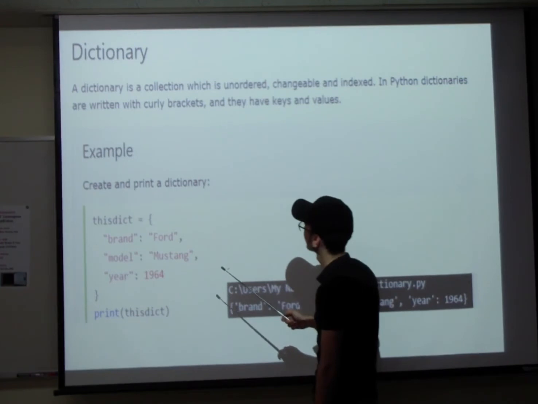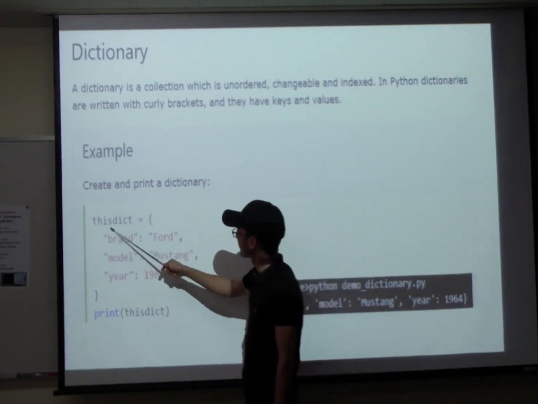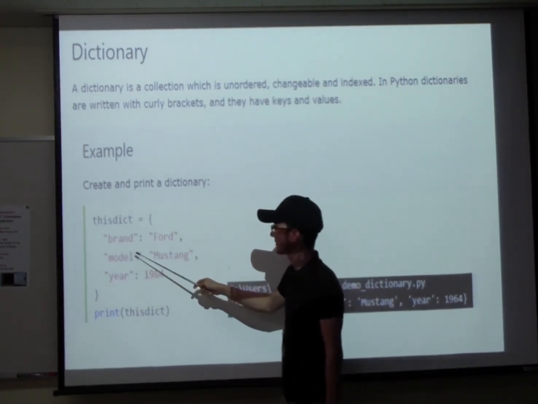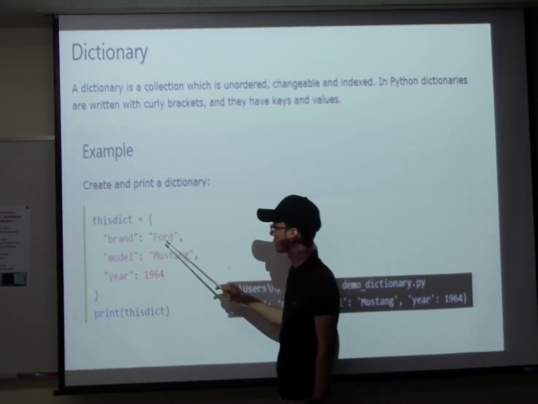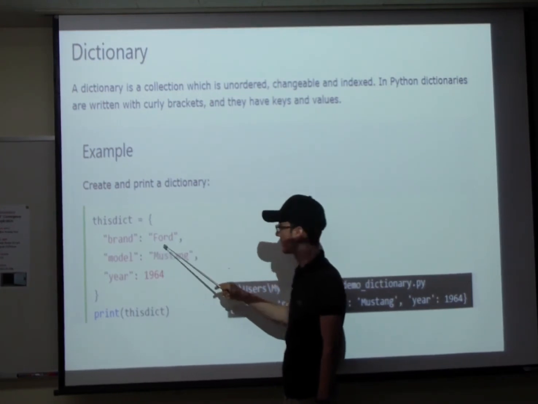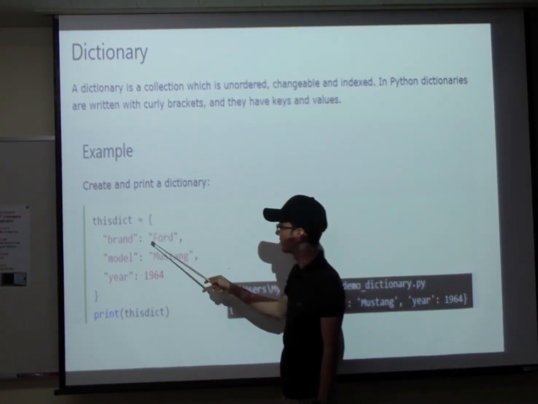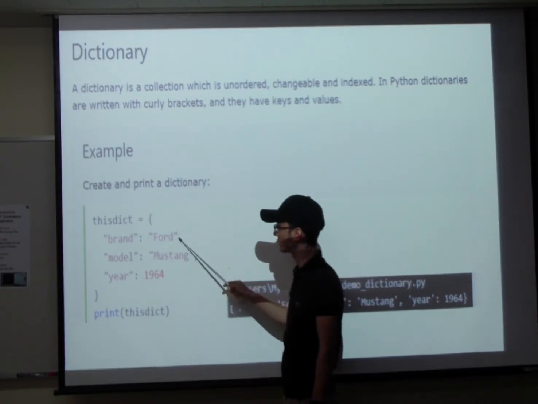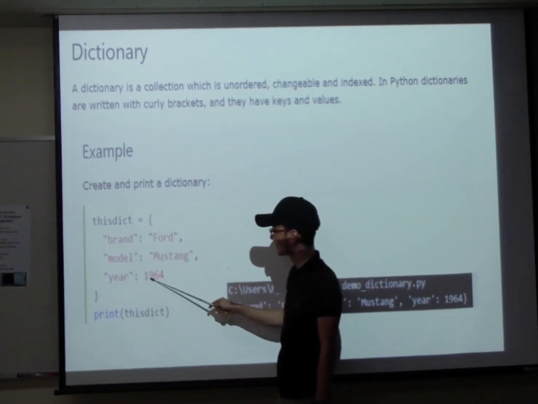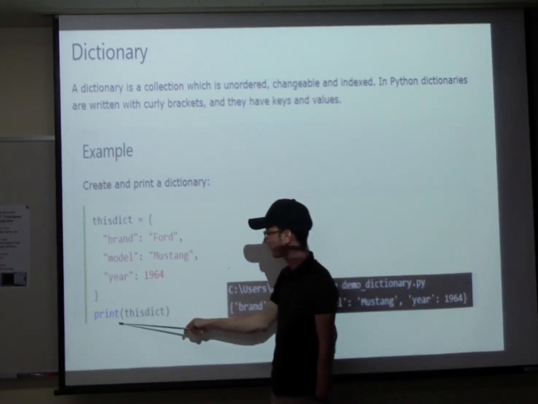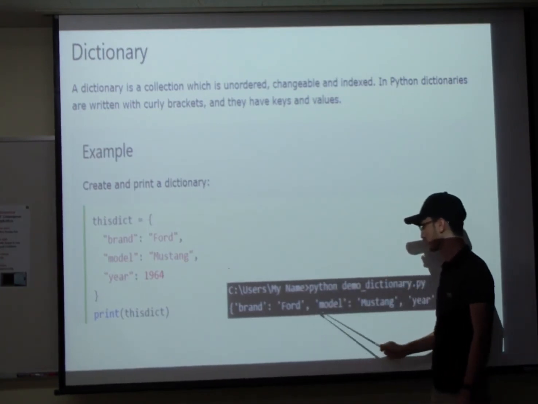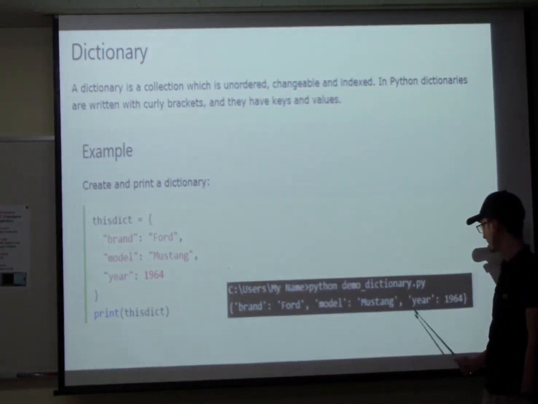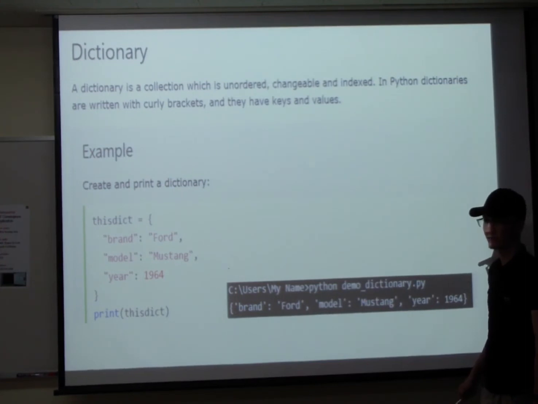For example, here we wrote brand, and the key for this is Ford. Now we put colon, model colon Mustang, and year 1964, and we are printing this dictionary. Brand Ford, model Mustang, year 1964.